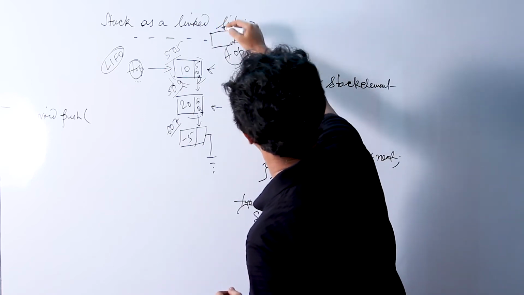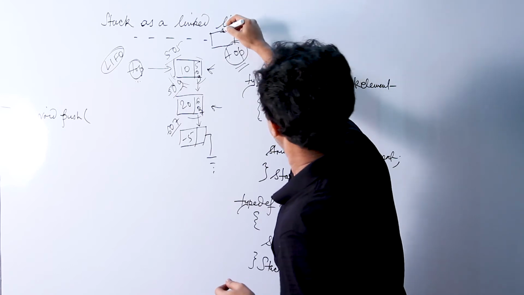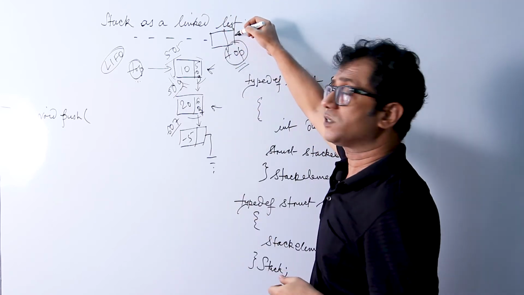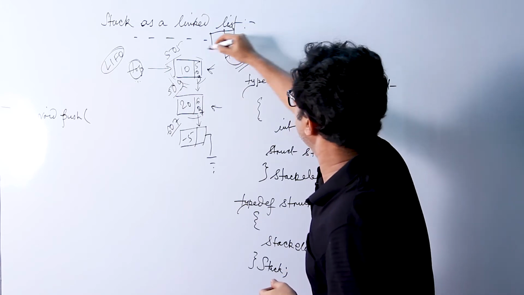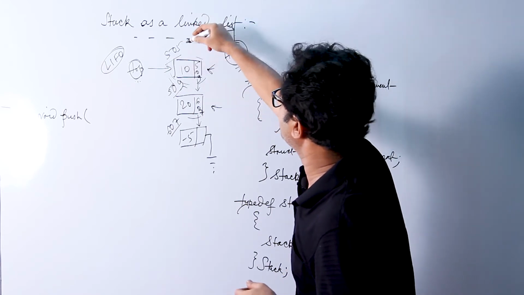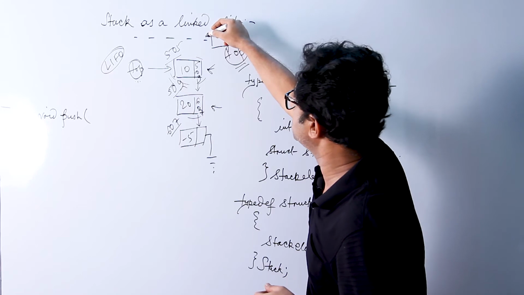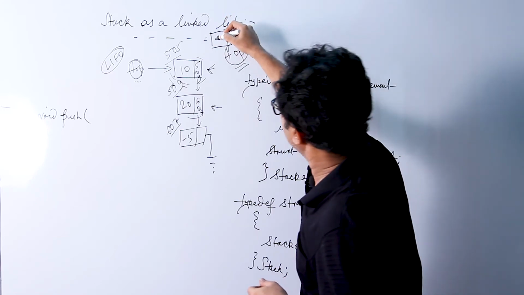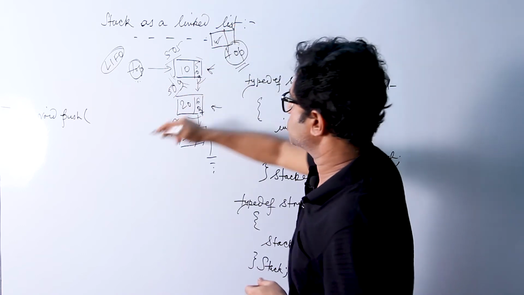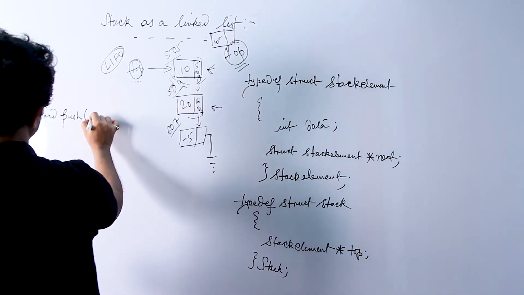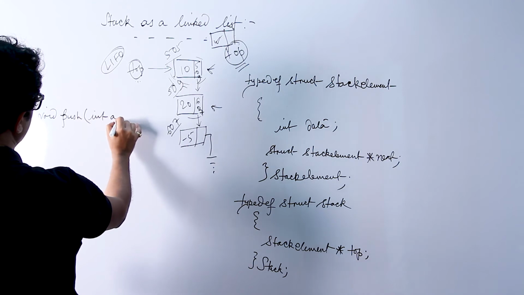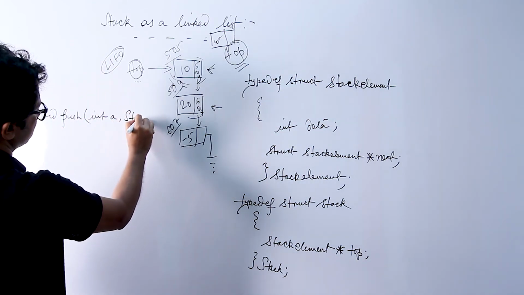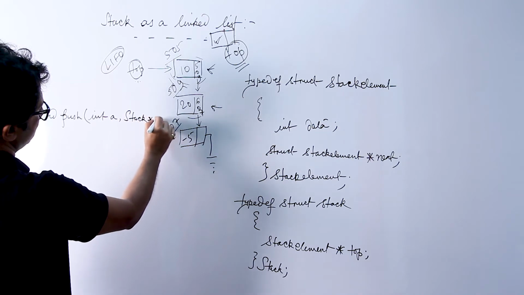Suppose this new node which is to be added from the top will also contain a data field and an address field, and this address field is to be linked with this one, and the top is to be updated to point to this new node which is added from the top, and the data part will occupy this position. So we will take one data part, that is, an integer int a, and we are going to take a stack pointer, that is stack star s.